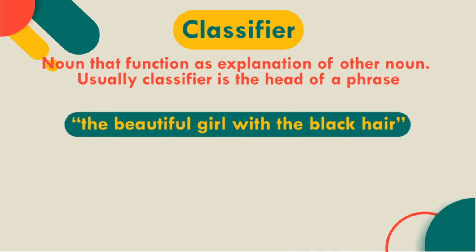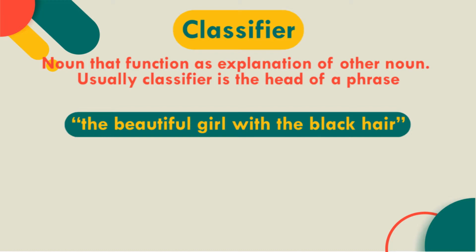Beautiful explains the general judgment of the girl. And with the black hair explains the beautiful girl. So, the beautiful girl with the black hair means a girl that is beautiful and she has black hair.